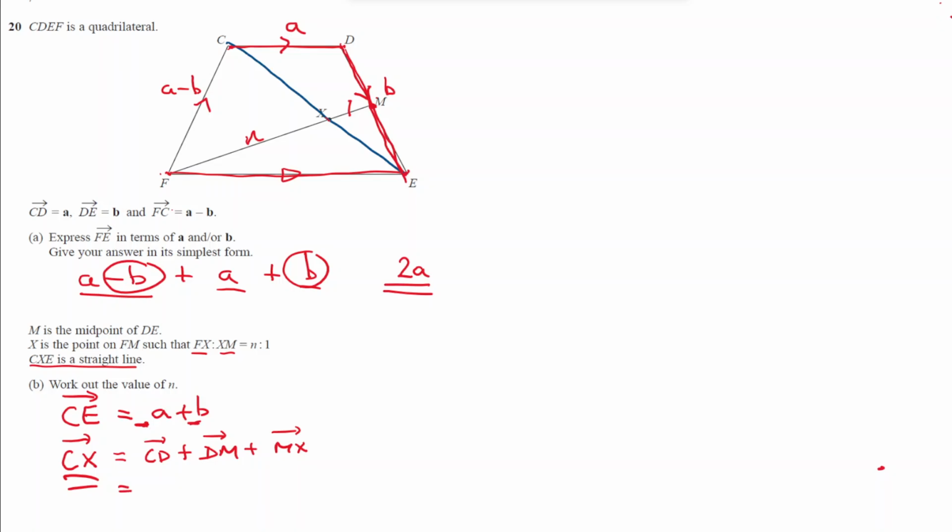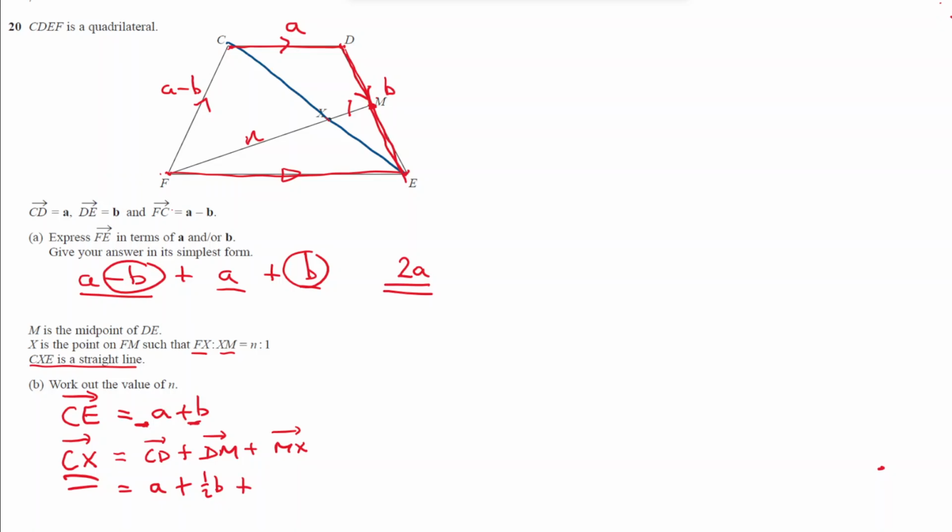So that would be CD is A. DM, now M is the midpoint of DE, so if DE was full B, DM would be half B. Okay, and then MX would be a fraction of MF. Okay, so it would be a fraction.